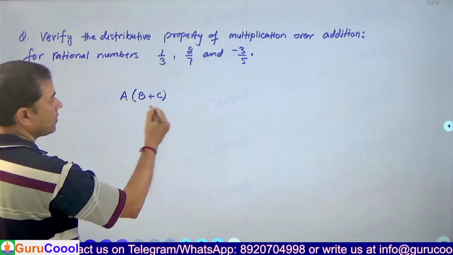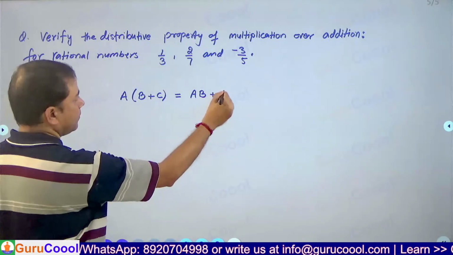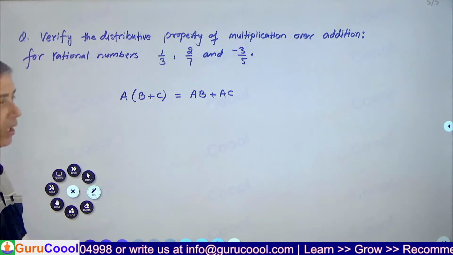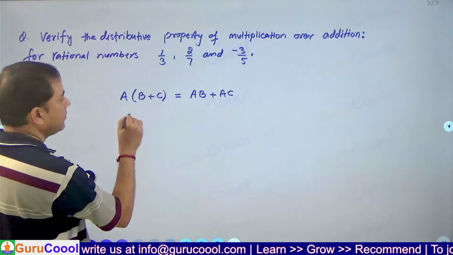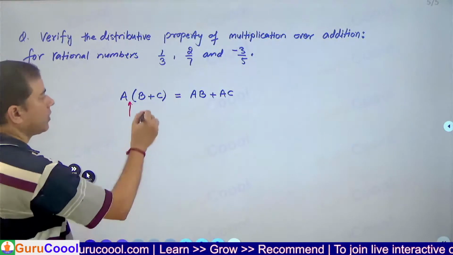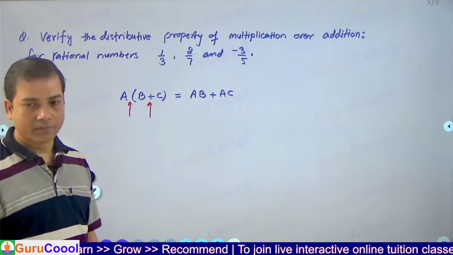Do you know this? Yes, sir, I know this. What is the sign here? Multiply, sir. And what is the sign here? Add, sir. Addition.